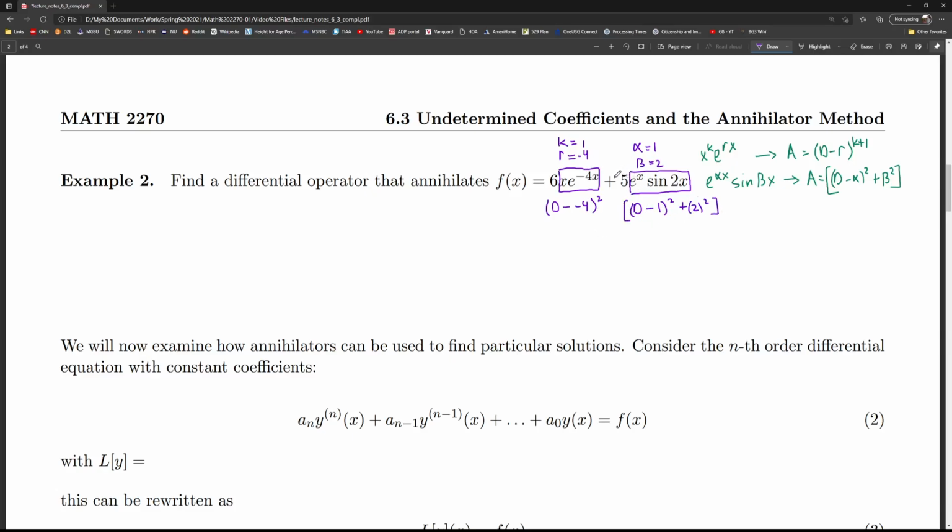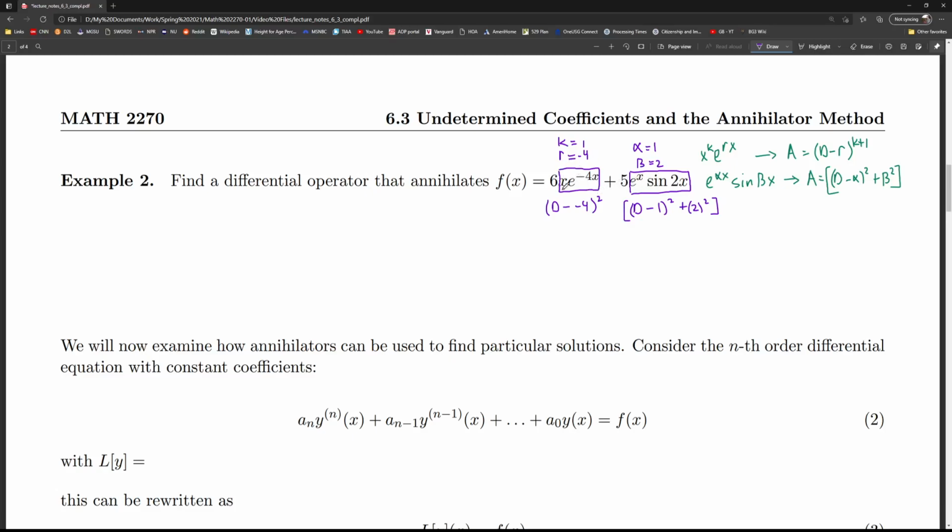Now, we have an annihilator for this and we have an annihilator for this. When we apply these linear differential operators, we basically look at the composition of those two, and we can just multiply them. So you apply this first on the entire function, and that annihilates this part, but it doesn't do anything to the other part, it doesn't bring that closer to 0.